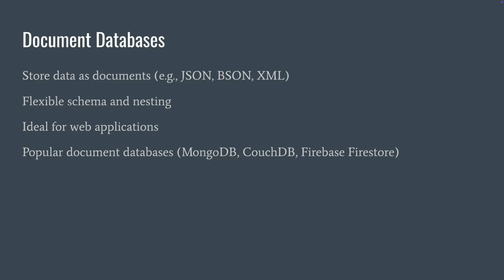Firebase Firestore offers real-time synchronization across clients and flexible JSON-based documents. So document databases position themselves between relational and pure key value databases, and they preserve some structure like fields and nesting, but without the rigid schemas of relational databases.